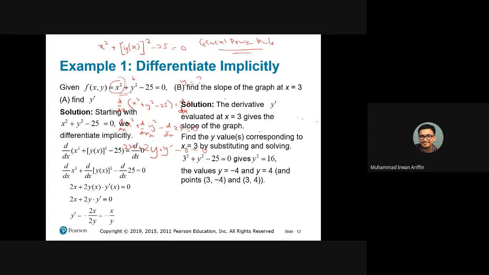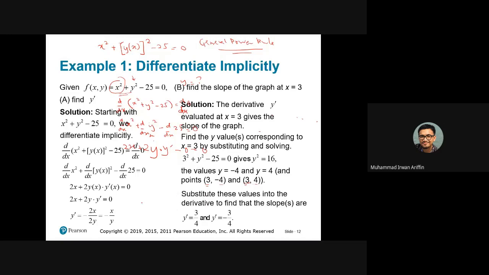So we know that when x equals 3, there are 2 y's. And that's basically already a hint that this is not a function, because one element in the domain, x, has more than one corresponding element in the range, negative 4 and 4.